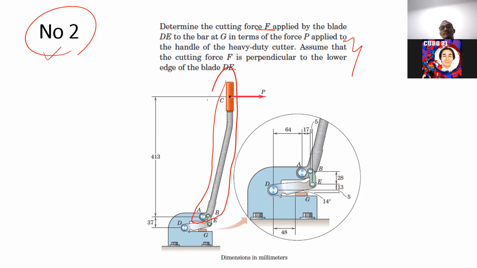In ABC, you have a force P. At point A there is a pin joint, so there will be AX and AY. And at B, because BE is a two force member, there will be FBE.